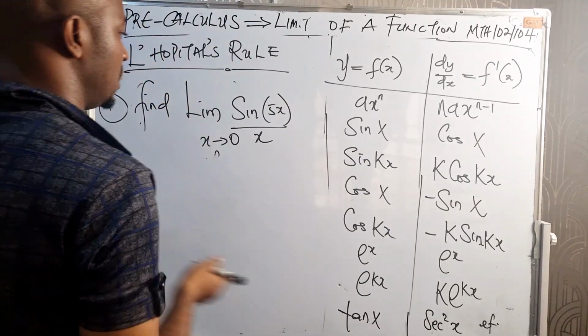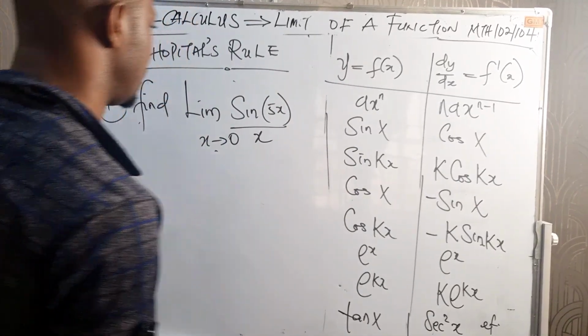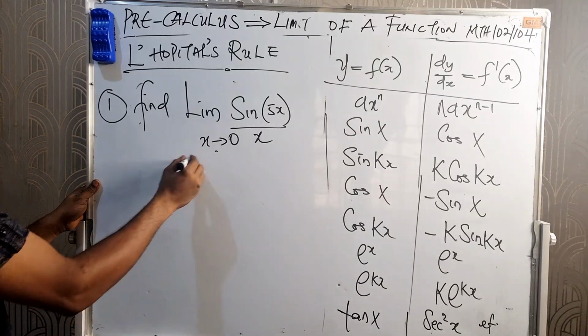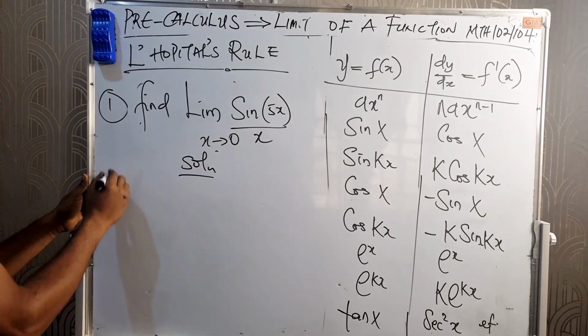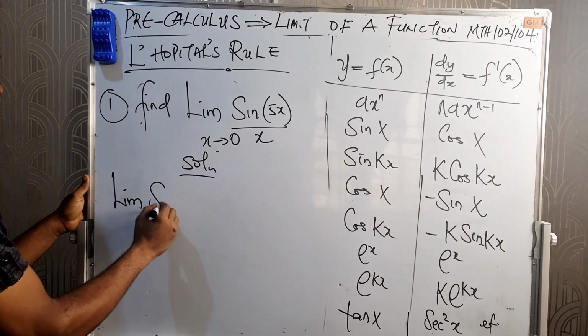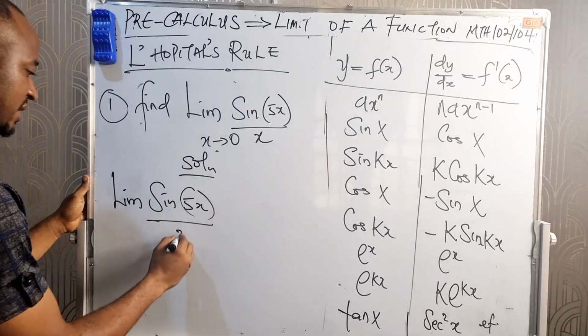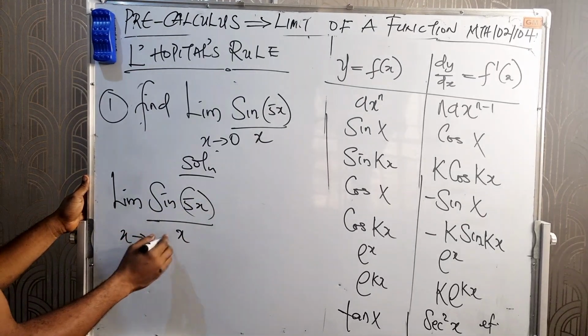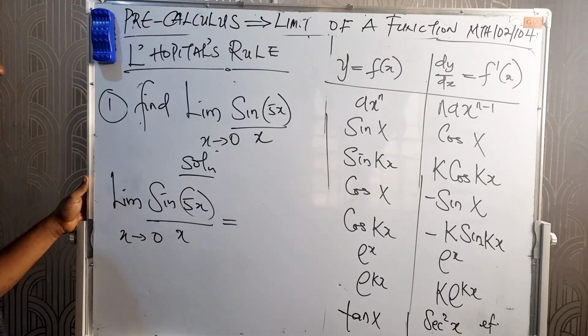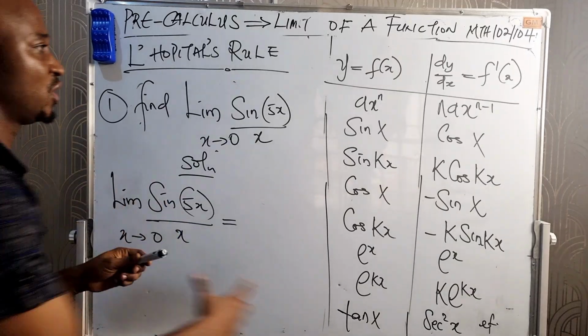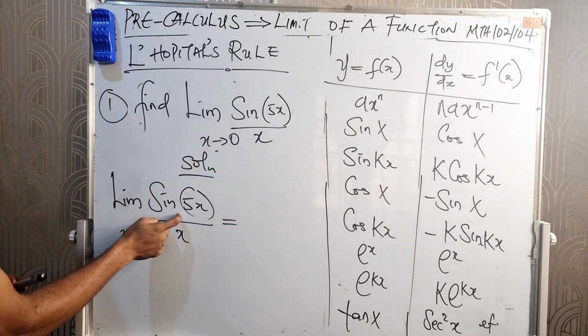Okay, so we are just playing along differentiation. So let's go. Now what we do here is that we have to differentiate. The solution here is ln sine 5x over x, as x approaches 0. We have seen that putting the value of x as 0 will give us an indeterminate form, right? So let's go. Differentiating sine 5x, which of these characteristics resembles this?